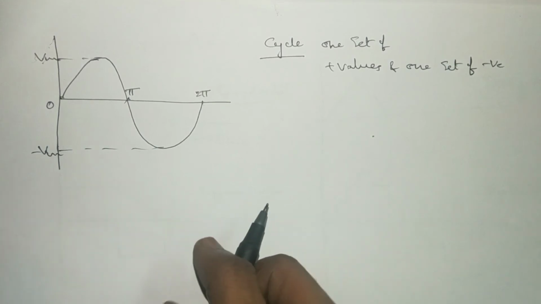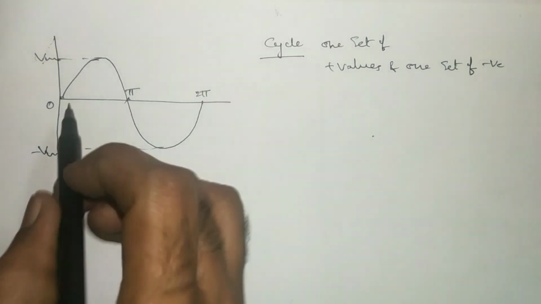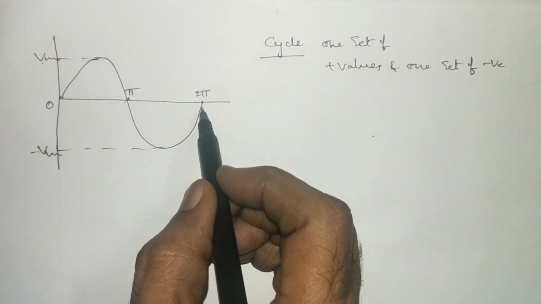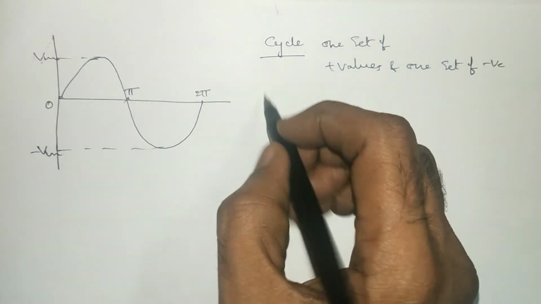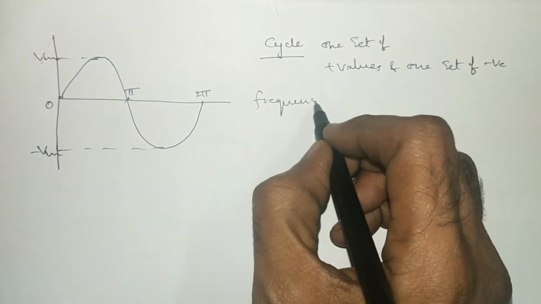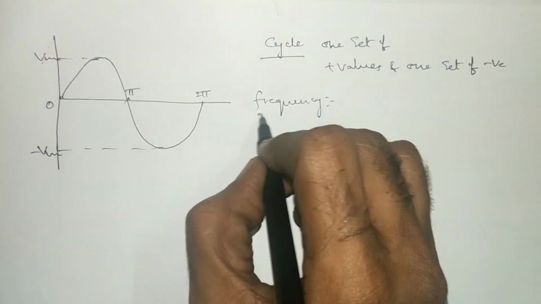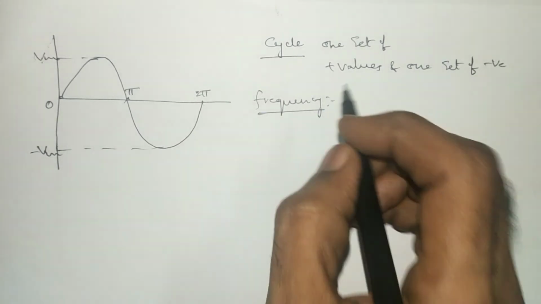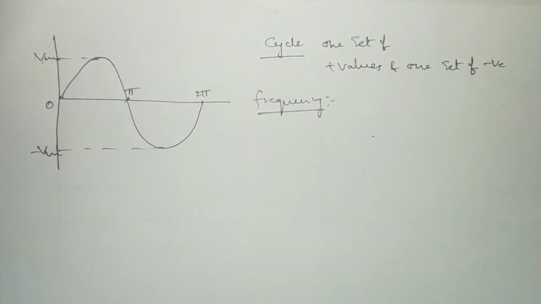And frequency means the number of cycles generated in 1 second. So this is one of the important parameters that we consider for AC, and this parameter we don't find in DC because there the cycle concept was not there.